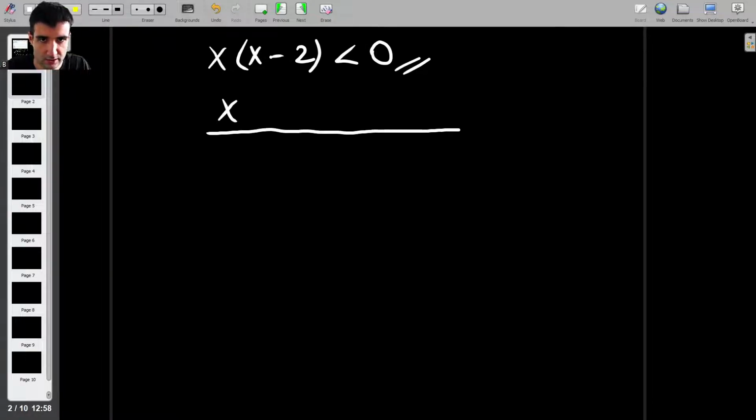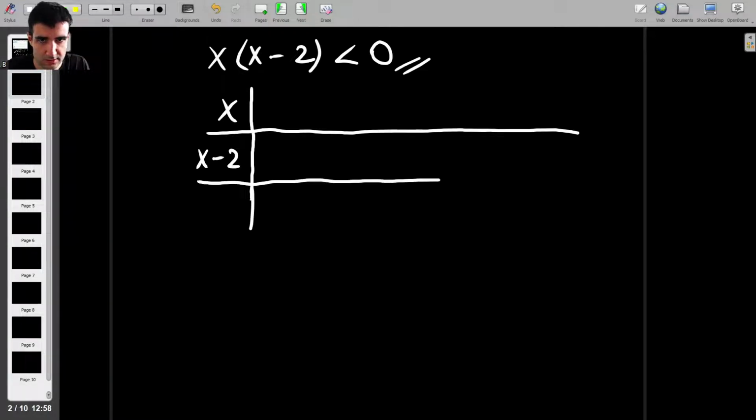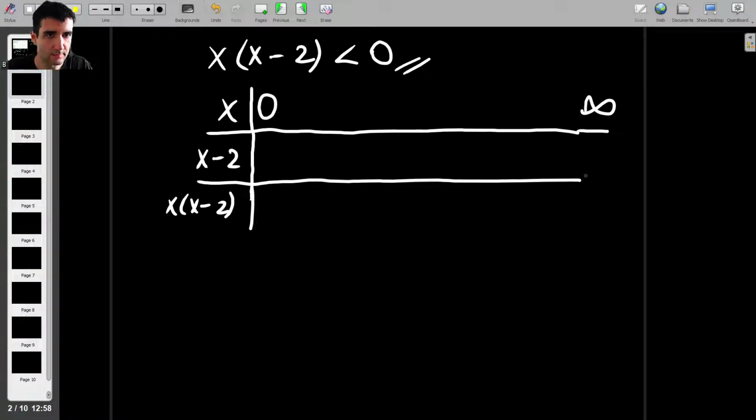And to do a sign diagram, this is how it looks. So first we write x, and then we write x minus 2, and then we write x multiplied by x minus 2. Now we have 0 and we have infinity here. Now x doesn't actually take the value of 0, but we're still gonna write it here. And then here we have a 2, and obviously x is positive everywhere.